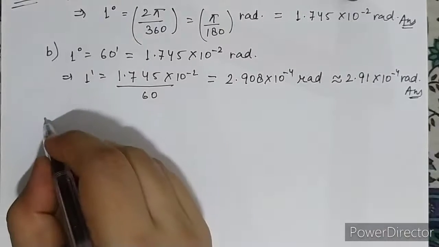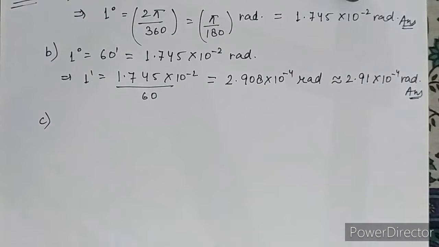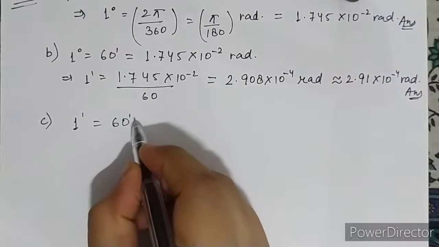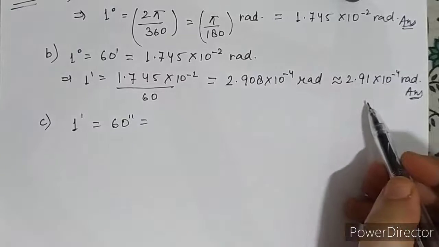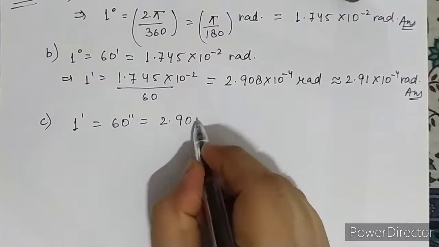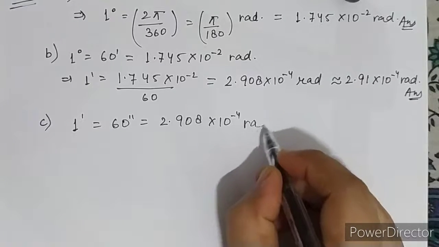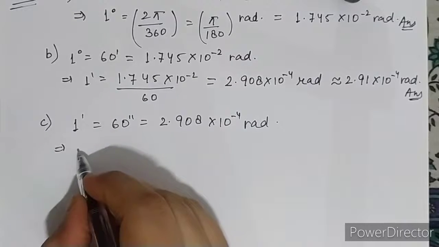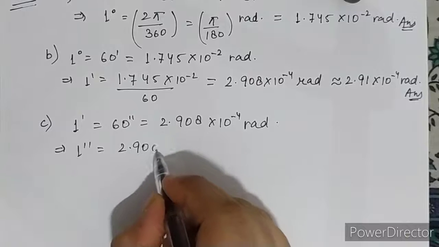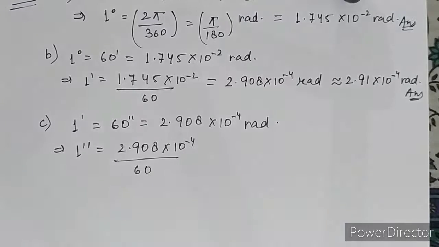Now the third one which we are going to solve is for 1 second. Again, 1 minute is equal to 60 seconds, and that value we have calculated for the second one, that is 2.908 into 10 to the power minus 4 radian. Now, beta, for calculating 1 second, this value of 1 minute, 2.908 into 10 to the power minus 4, is divided by 60.